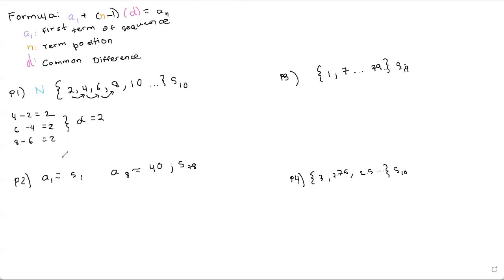Now let's write our explicit formula. You always have to write your first term out, which is a1 is equal to 2.